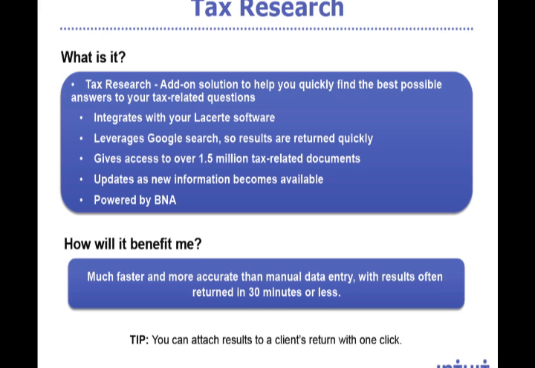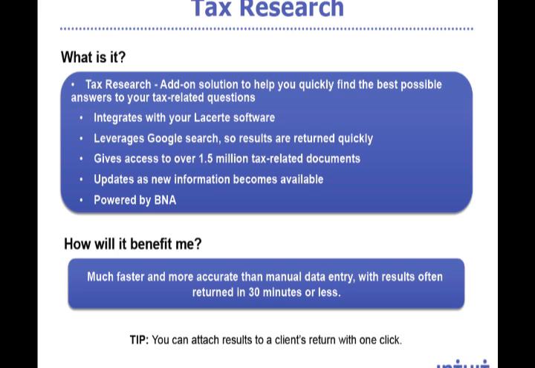First of all, the content is constantly being expanded, and currently there's over 1.5 million tax-related documents, and it's powered by B&A, so we get the content licensed from B&A. And then we've integrated it into the Lacerte program so you can search within the program, and it's also context sensitive.